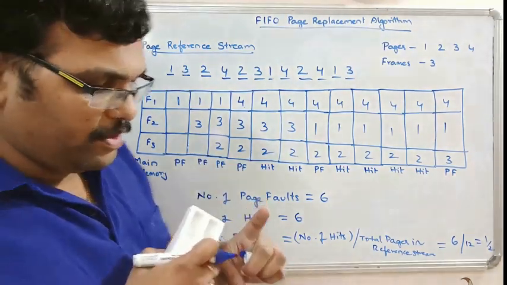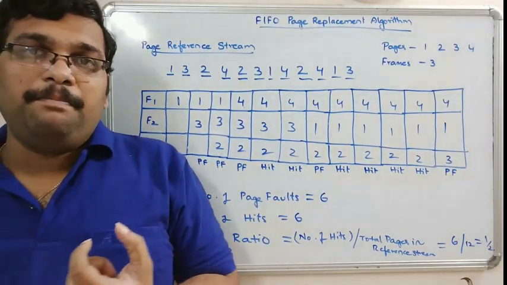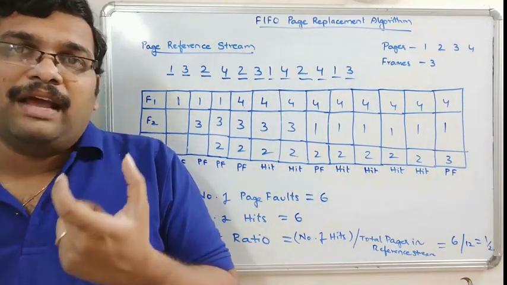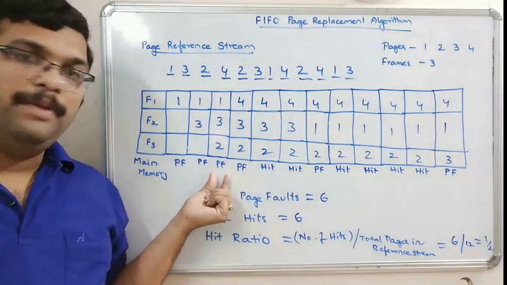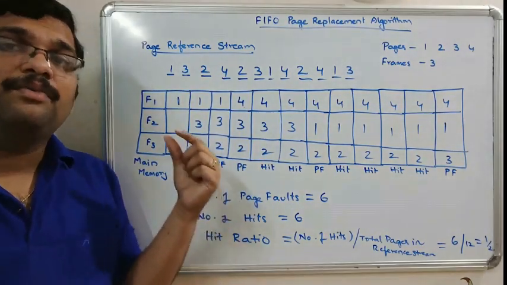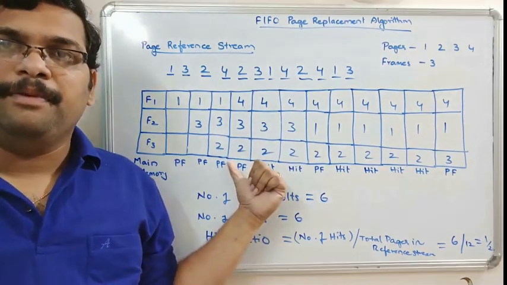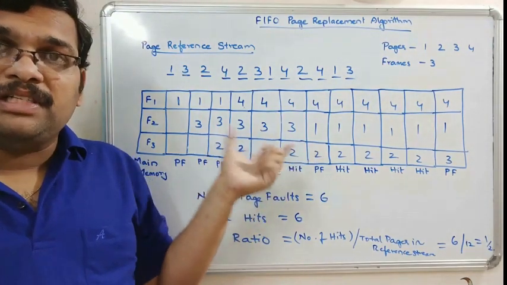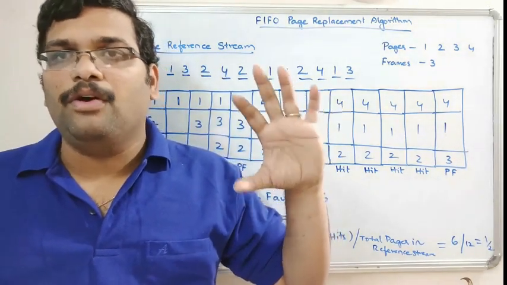One thing, again I am repeating: if the required page is not available in the main memory, then a page fault will occur. Once the page fault occurs, the next step is to load the required page into the main memory. In that process, we have to check whether the memory is available or not.